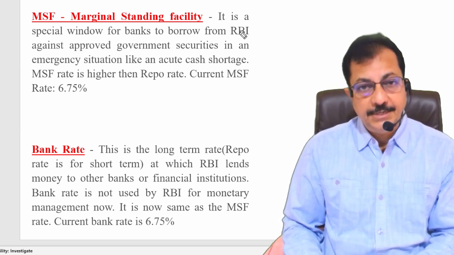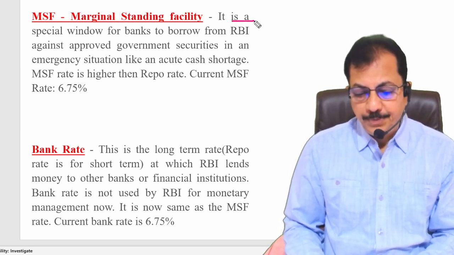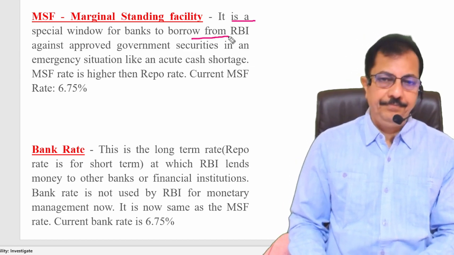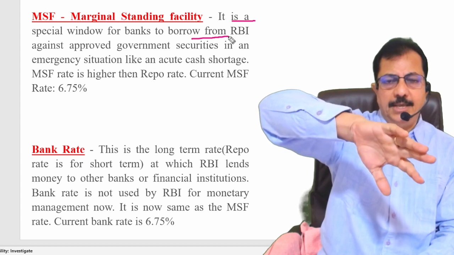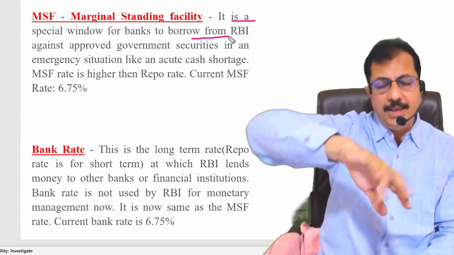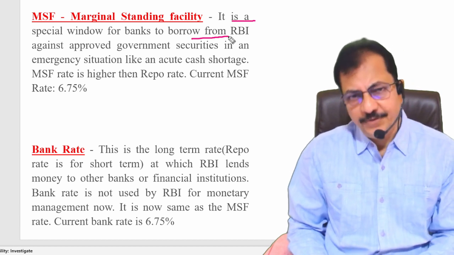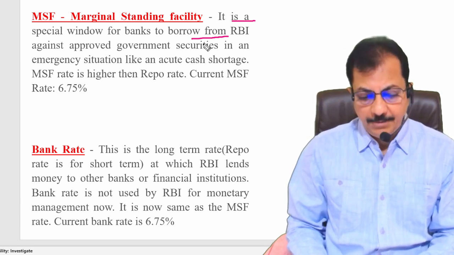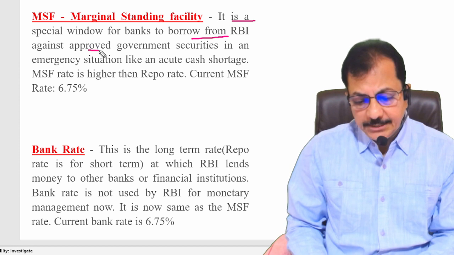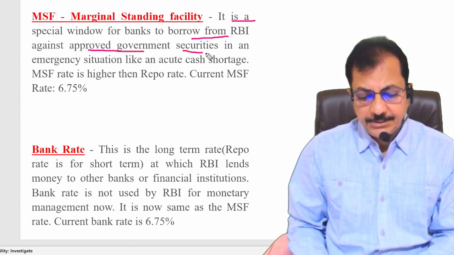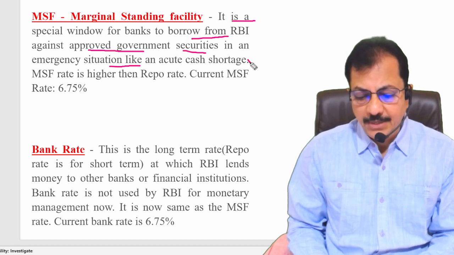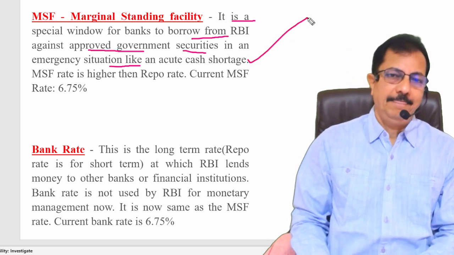The marginal standing facility is a special window for banks to borrow from RBI, apart from other methods like repo rate and bank rate. It is a facility where banks borrow from RBI against approved government securities in an emergency situation, like an acute shortage of money.